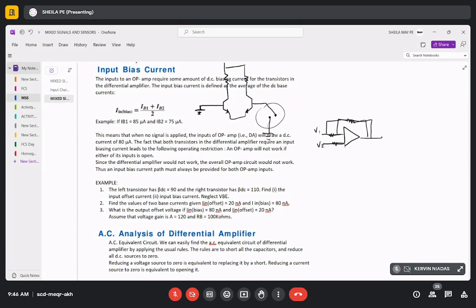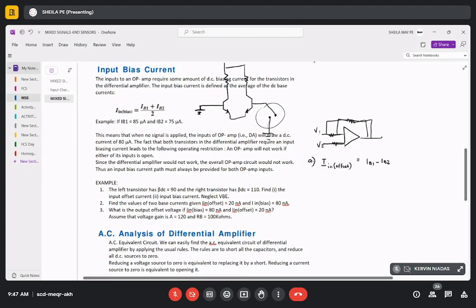For our input offset current, let me write. The input offset current is equal to IB1 minus IB2. Okay, that's how you solve our input offset current.